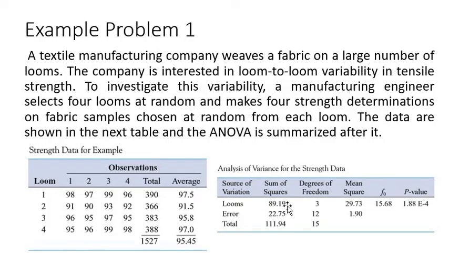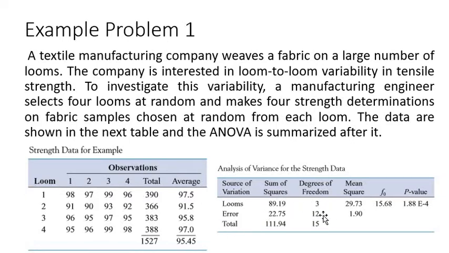Remember, this 89.19 is the sum of squares of the treatment because it is in the row of the looms, while this 22.17 is the sum of squares of the error. The degrees of freedom 3 we get by subtracting 1 from the number of labels under the treatment, so 4 minus 1 is 3.